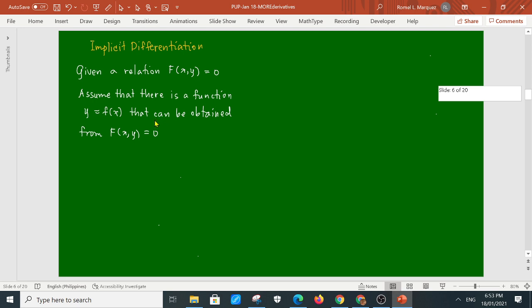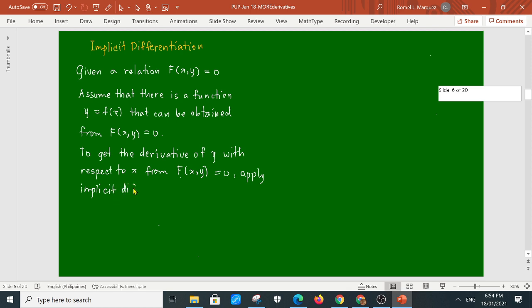So that is our assumption. So to get the derivative of y with respect to x from f of x, y equal to 0, apply implicit differentiation.